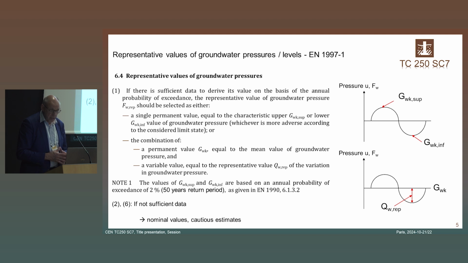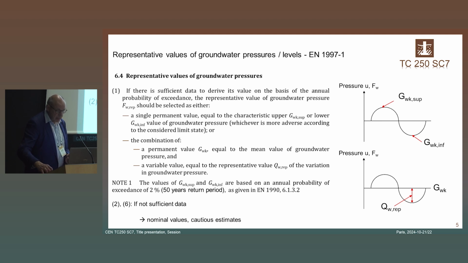There's two ways to do it. It's in section 6.4. You can do, in the top line, you see that you can take the upper one or the lowest one as your representative value, or you schematize it as an average value, GW, with an amplitude Q representative.